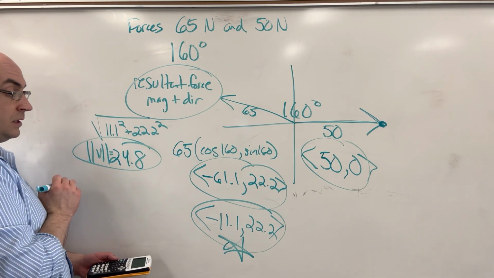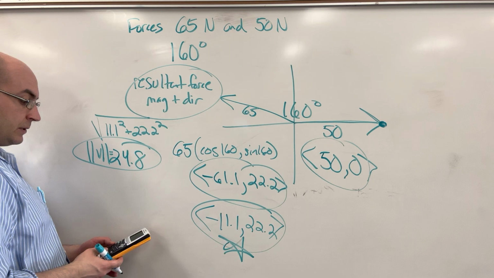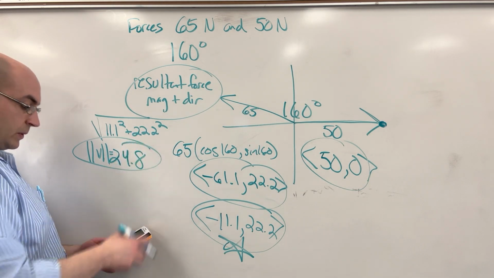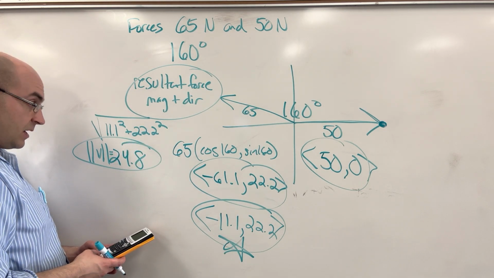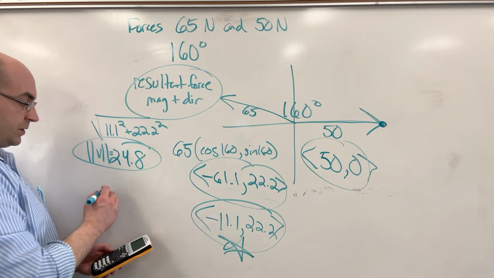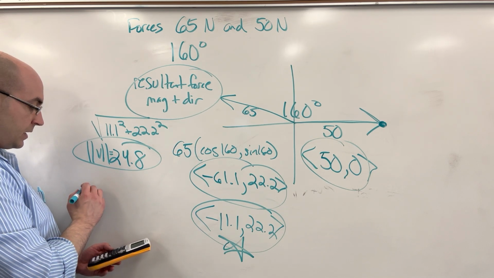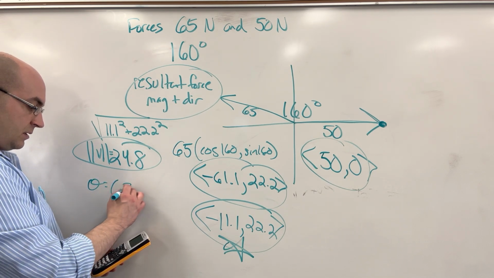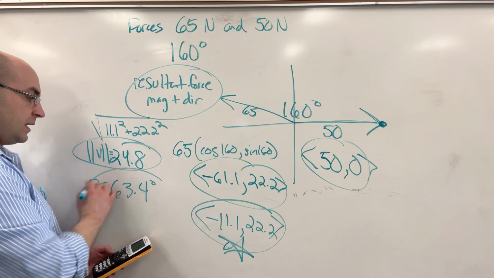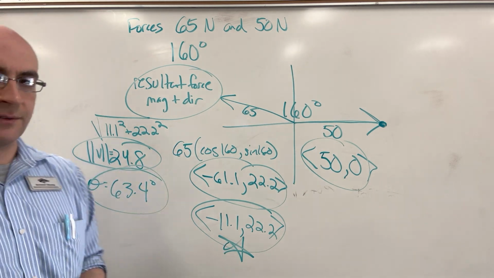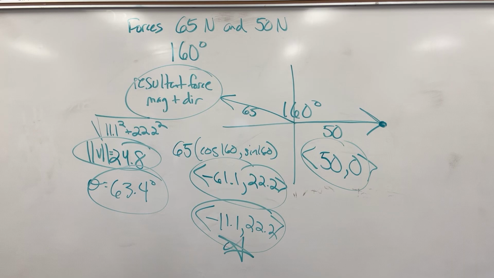Okay. And then we're going to do the direction. So we're going to do inverse tangent, 22.2 divided by 11.1, which is going to give me a direction or a theta measurement of 63.4 degrees. And again, we'll keep that for now. I'll do a little clarifying in the morning, but there we are, right?